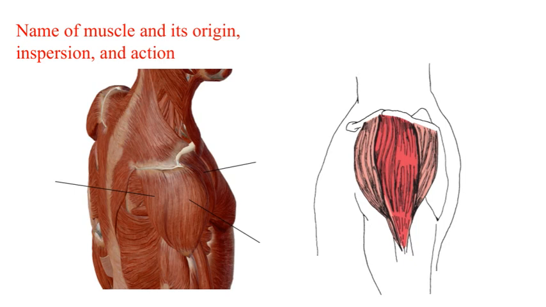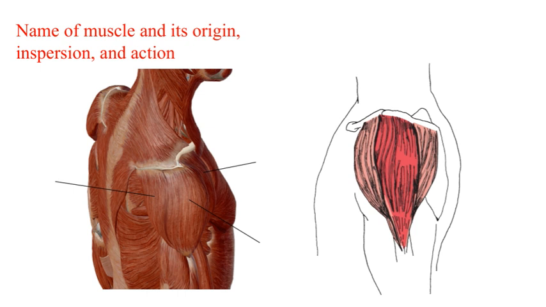Now, let's take a closer look at some key muscles, starting with their names, origins, insertions, and actions. Understanding these fundamental details helps us grasp how each muscle contributes to movement. For example, knowing where a muscle originates and inserts allows us to see how it pulls on bones to generate motion.